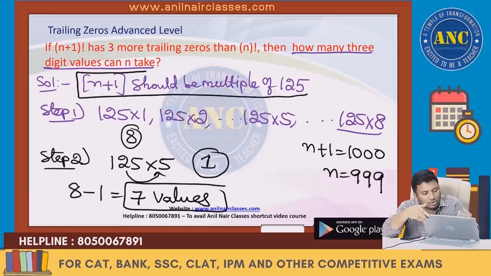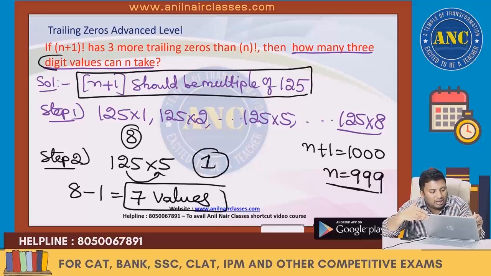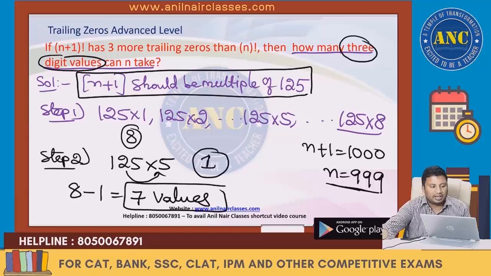N plus 1 should be a multiple of 125. So it is 125 ones, 125 twos, up to 125 eights. N plus 1 is 1000, n value will be 999. The question is, how many 3-digit values can n take? N can take 999.